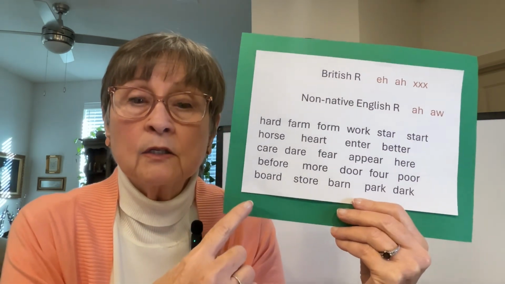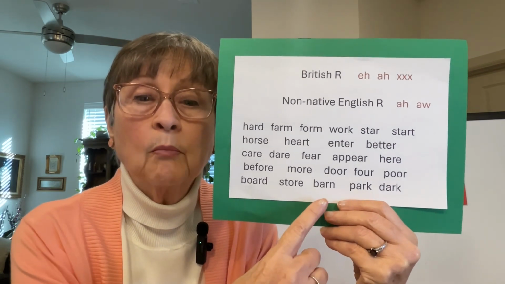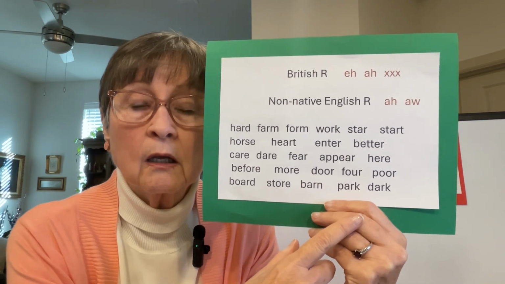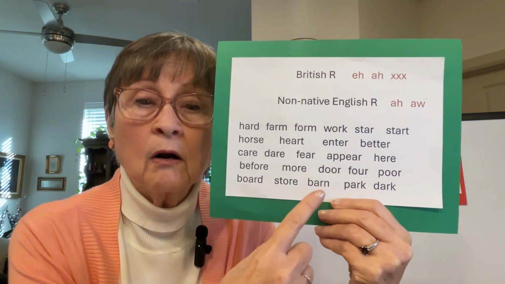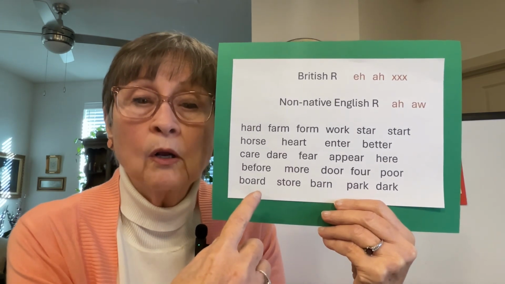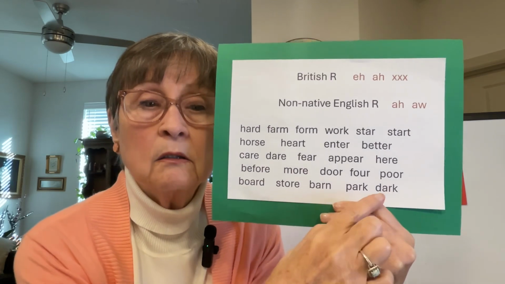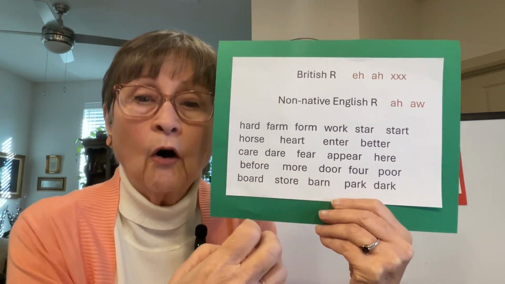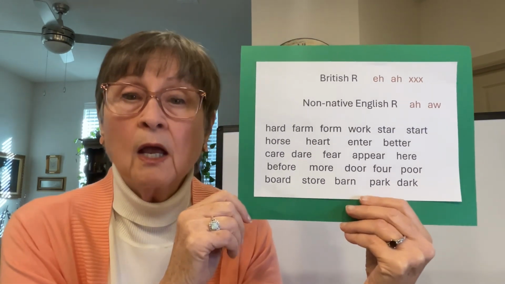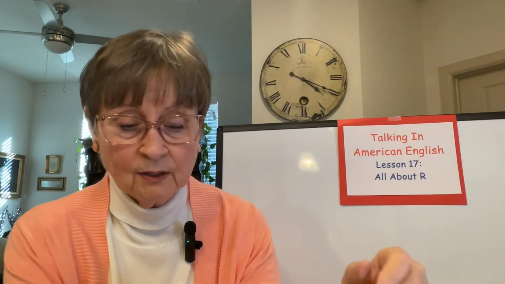In American English, board, store, barn, park, dark. We always pronounce the R. In British English, board or board, store, barn, park, dark. You don't even hear the R in British English. So if you learn British English and then you go to America, you may have to make a few adjustments in order to be understood.